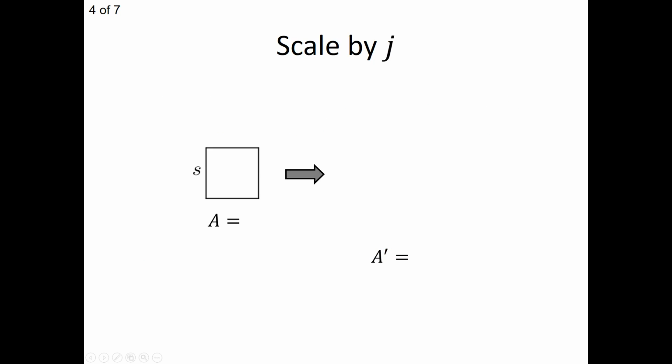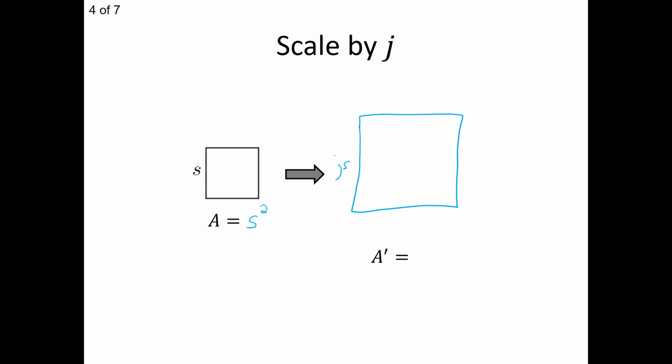Let's investigate this with a square. Let's say I give you a square with side length s. We clearly know by our square postulate that the area of that square is simply s squared. But we are going to scale this by j, which means we take every single one of the square's sides and scale it by the exact same constant j. So the side length is going to be j times s, for both dimensions.